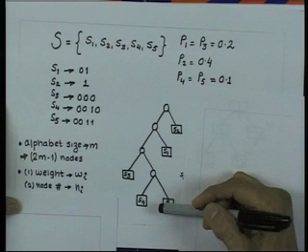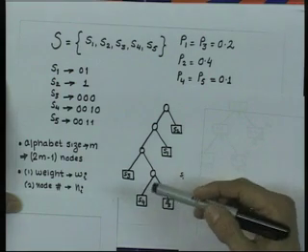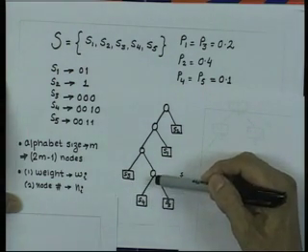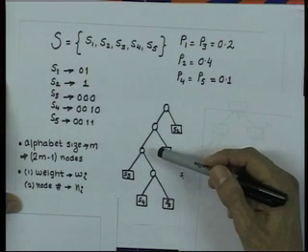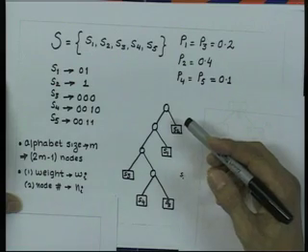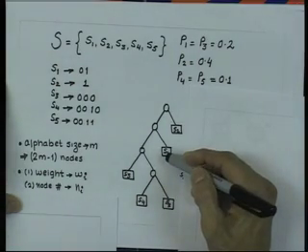Now, we will see that in the adaptive Huffman code, the numbering is done in a particular fashion in order to preserve the fixed order of the nodes. The numbering that is adopted for the adaptive Huffman code is as follows.